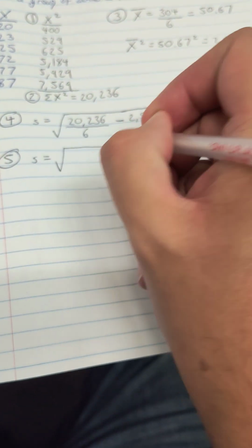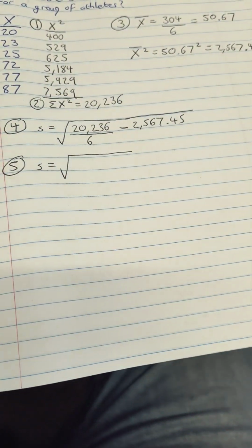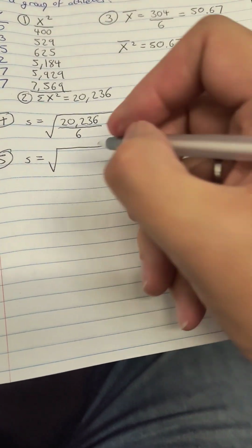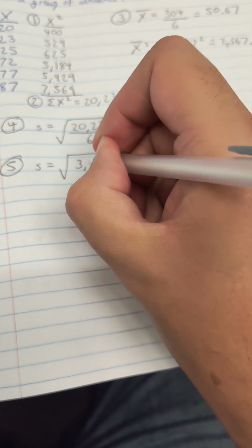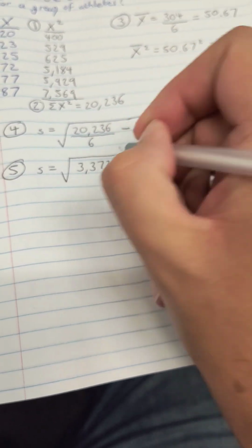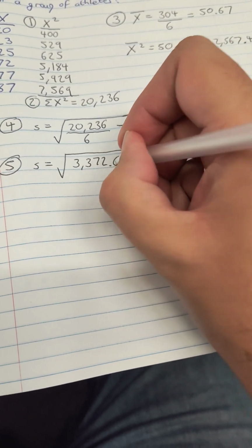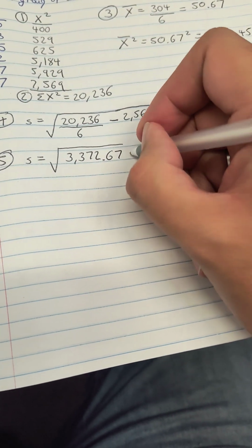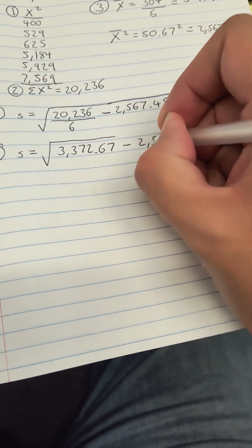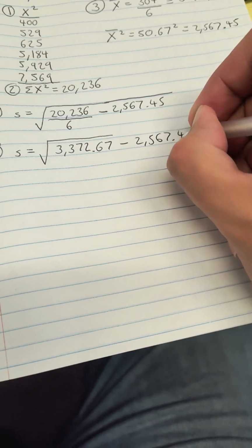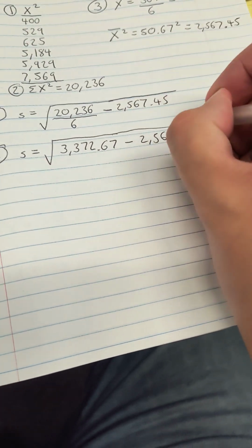So my dear Aunt Sally, so we take 20,236 and divide by 6, gives us a value of 3,372.67 minus 2,567.45.